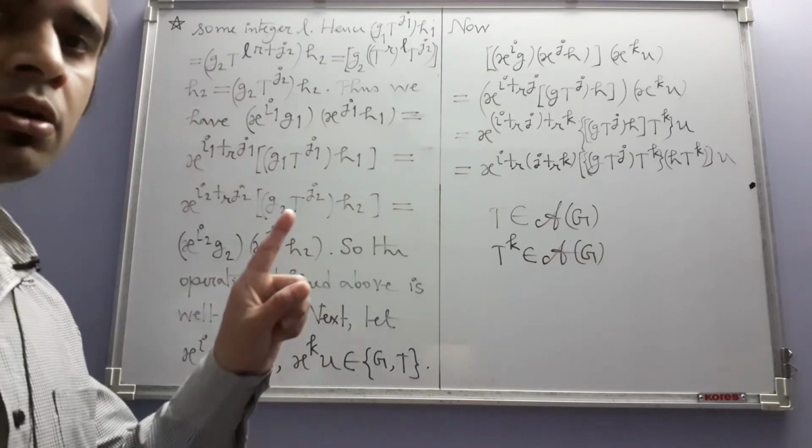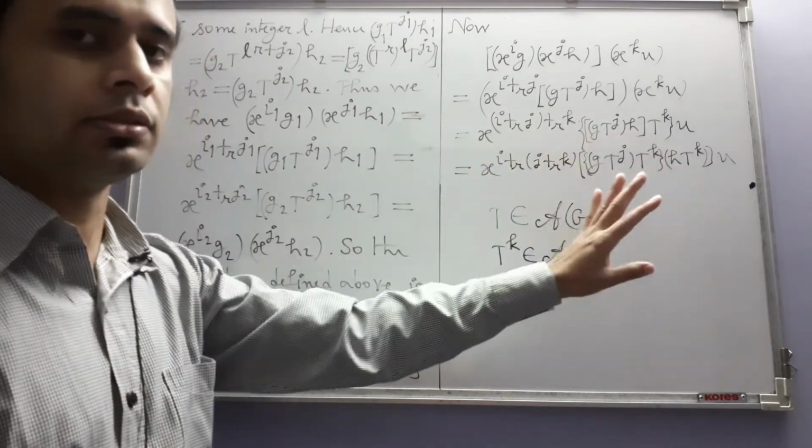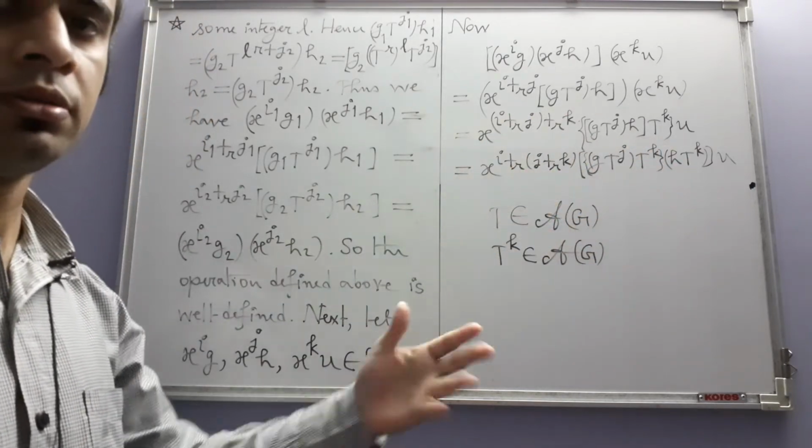Had t to the power k not been a homomorphism, we would have been stuck here itself, after which we cannot do anything.